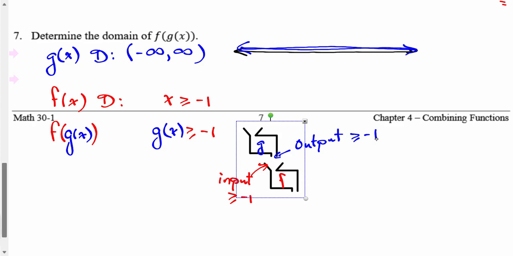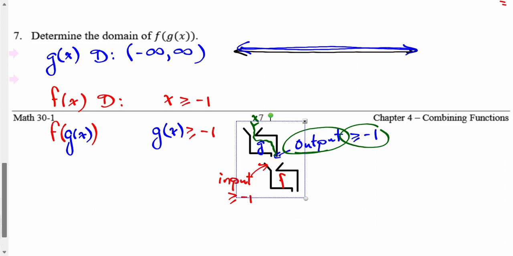So if that's true about my output, I need to work backwards here and say, what x values here are going to give me acceptable output values for that middle part.